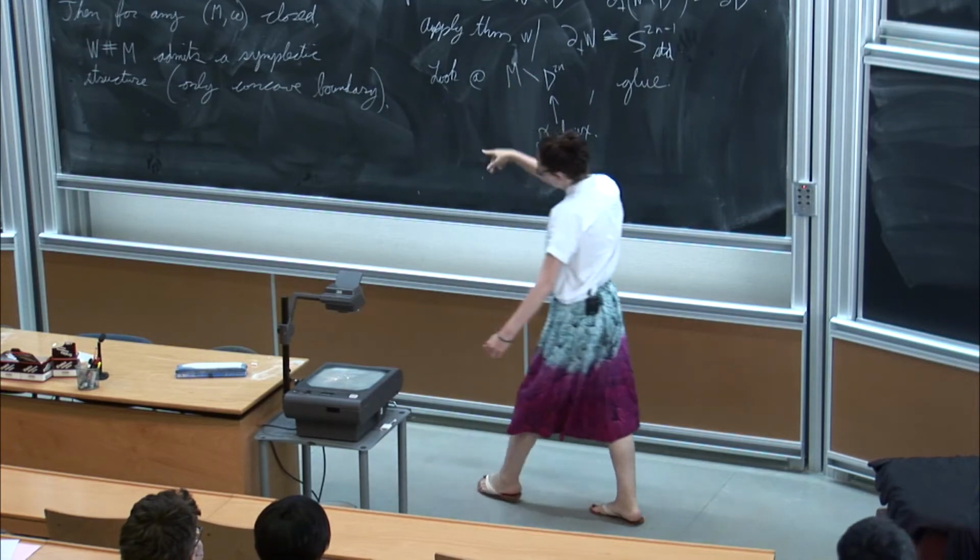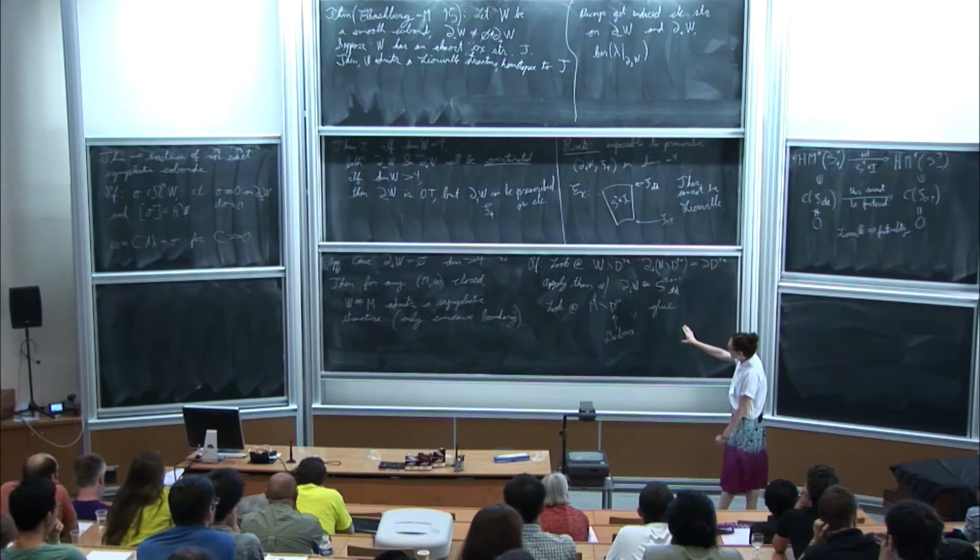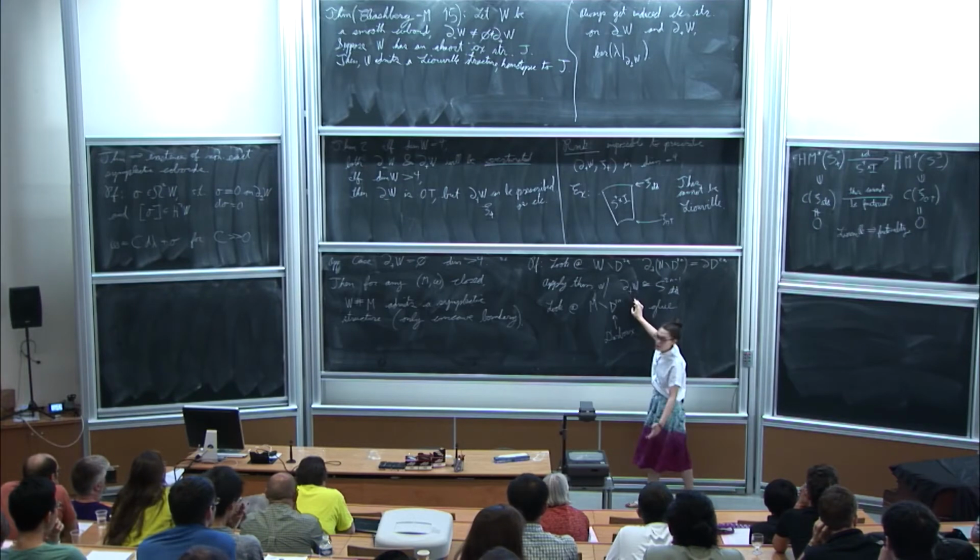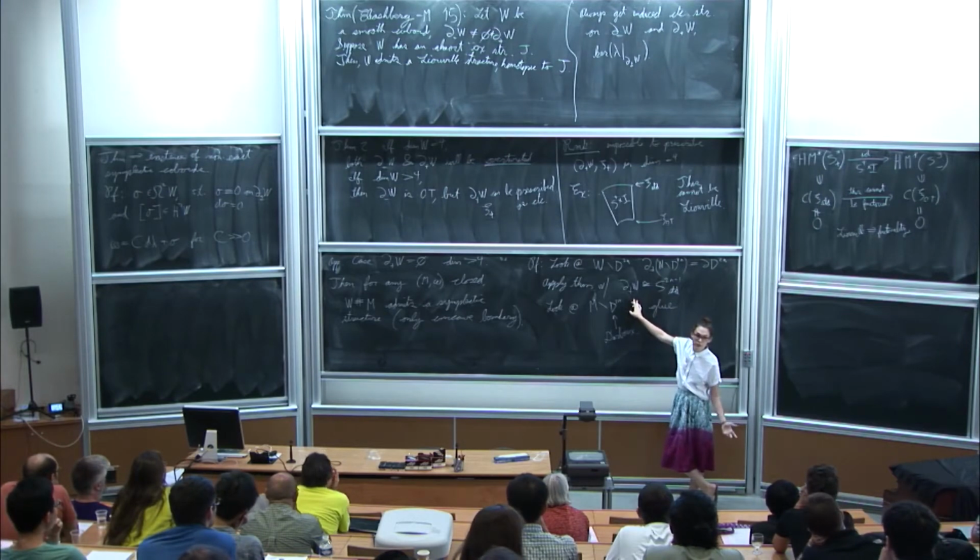So of course here I'm going to need that the concave boundary is still overtwisted, as the theorem says.